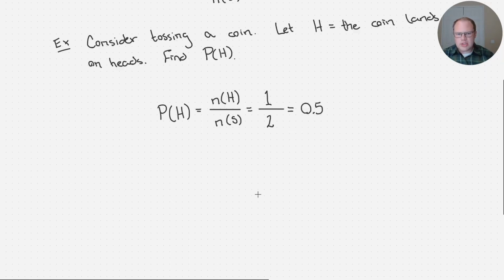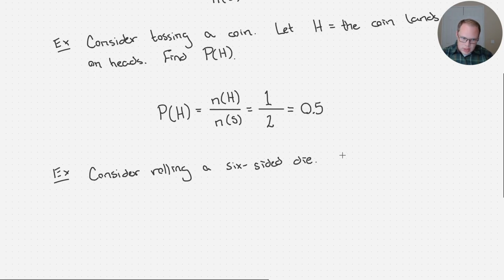Let's look at one more example, a little more complicated. Consider rolling a 6-sided die. Actually, let me rephrase that. Let event A be the event of not rolling a 2.